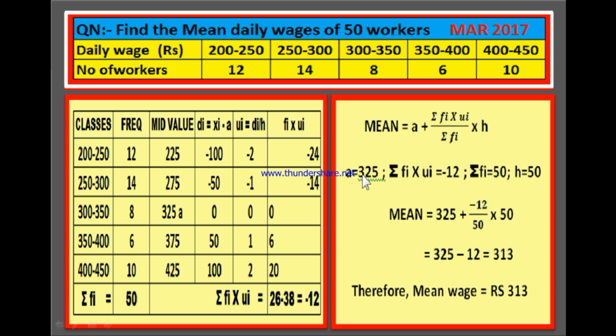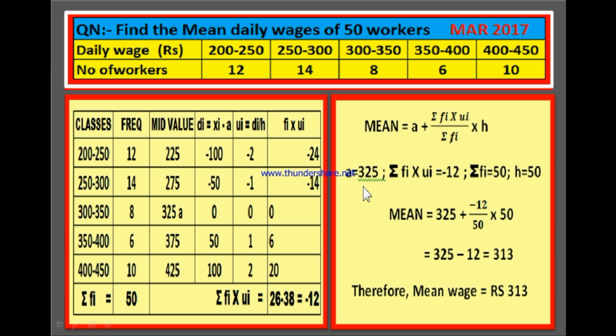Here a means assumed mean, whose value is 325, a is equal to 325. Sigma fi ui is minus 12, and sigma fi is 50, and h means height of the class, which is equal to 50. Understood? Now you simply substitute these values in the formula.